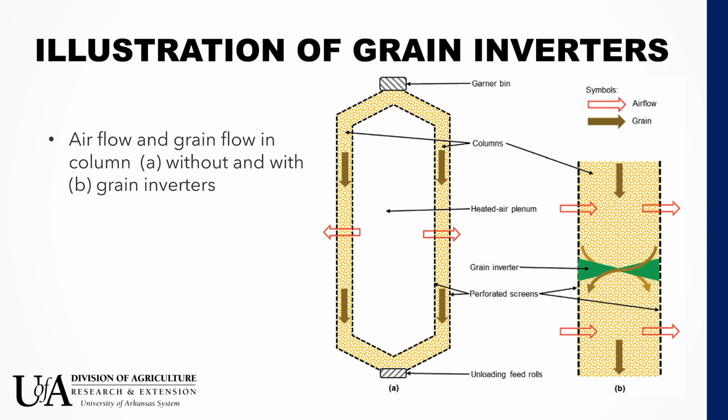So the grain that was initially closest to the hot air plenum moves further away, and the grain that was farthest from the plenum moves closest to the plenum. And by so doing, we are able to dry those grains uniformly as they go through the column.